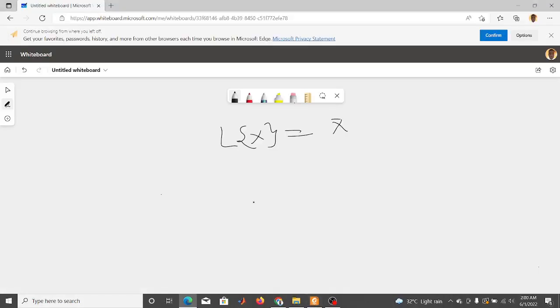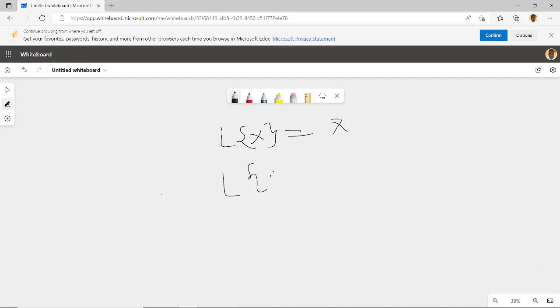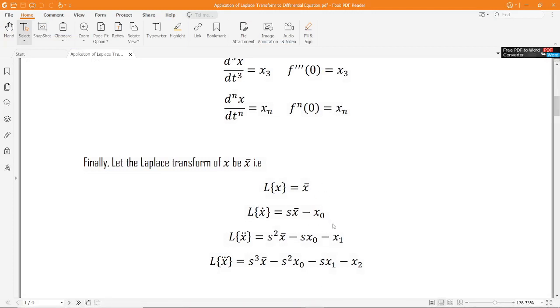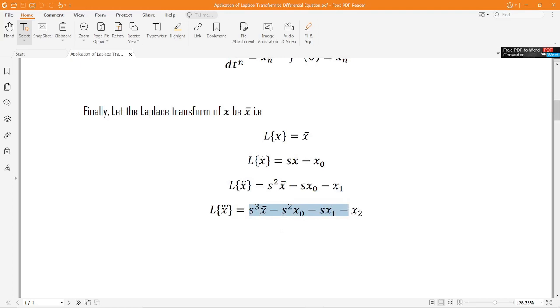And that of the first derivative of x, that's x dot, it's your s x bar minus x naught, just what is being written here. So these are standards, like I said. They'll be used in the first order differential equation, solving them with Laplace transform. So this is for the second derivative of x, and this is for the third. So these are the equivalent transforms of these differentials of x.